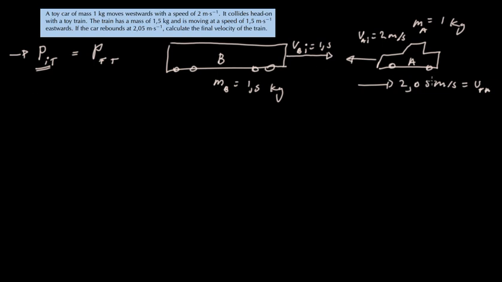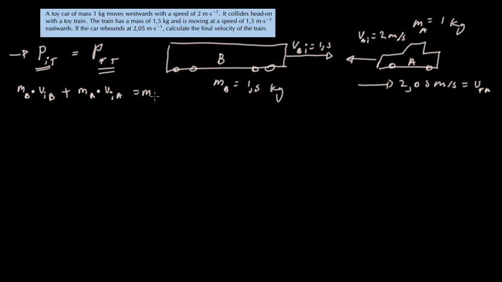We're dealing with the total initial momentum of our system, which is going to be mass B multiplied by VIB plus mass A multiplied by VIA.